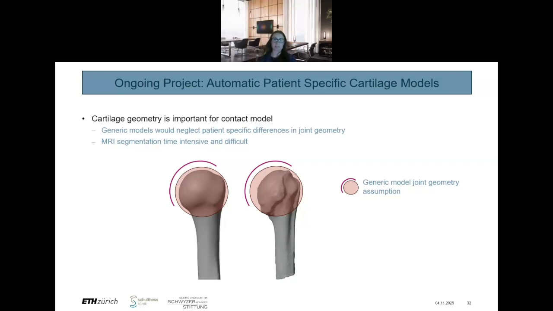And the MRI segmentation of the cartilage would of course be much more detailed, but we don't have access to the images of this data set. And the segmentation is also time intensive, and therefore we basically developed a method to make it more patient specific without actually having the patient scan data.